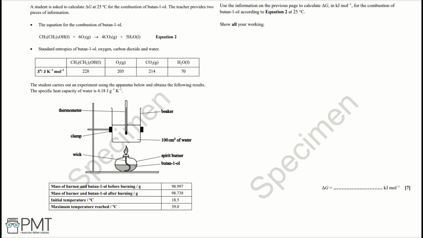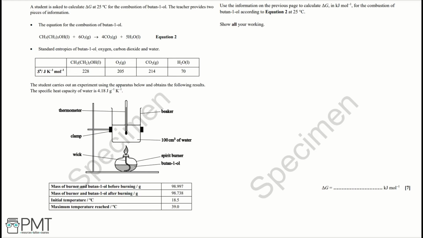The student carries out an experiment using the apparatus below and obtains the following results. The specific heat capacity of water is 4.18 joules per gram per Kelvin. Use the information on the previous page to calculate delta G in kilojoules per mole for the combustion of butan-1-ol according to equation 2 at 25 degrees Celsius.